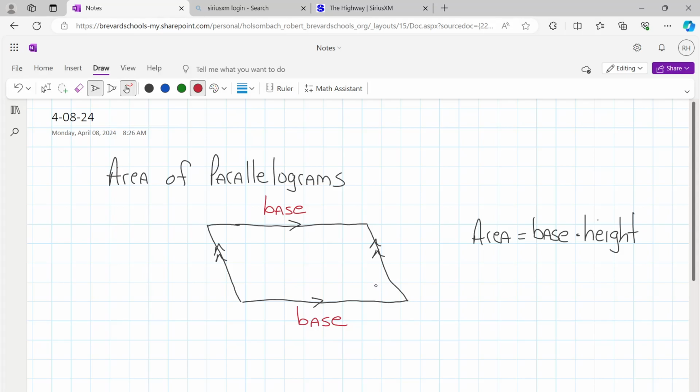But what you have to be real careful of when you're finding the area of parallelograms, and when we get into tomorrow's lesson, is that this dimension right here is the height.